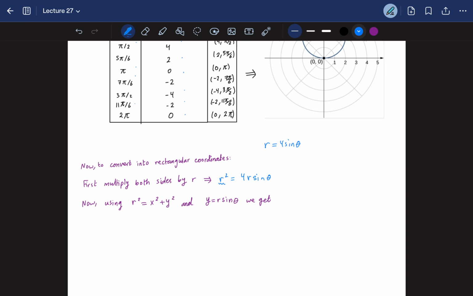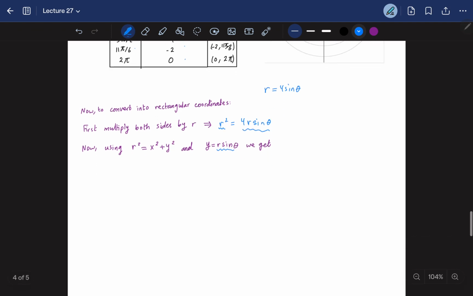And then also using the fact that y is equal to r sine of theta, I'm going to be able to get rid of this side of the equation too. So now if we plug these two into this equation, we're going to get x squared plus y squared is equal to 4y. Now if you take this to the other side, you'll see that I can complete the square here.